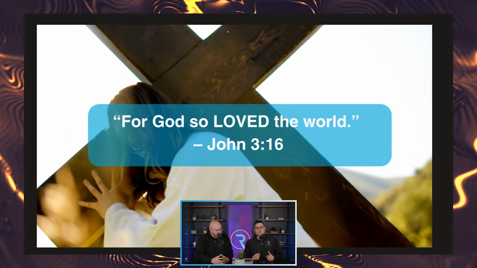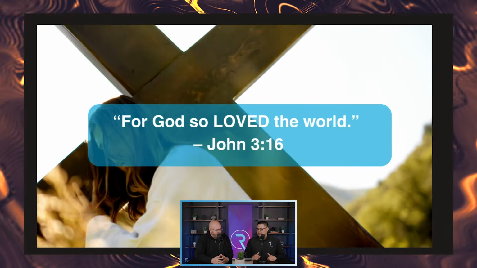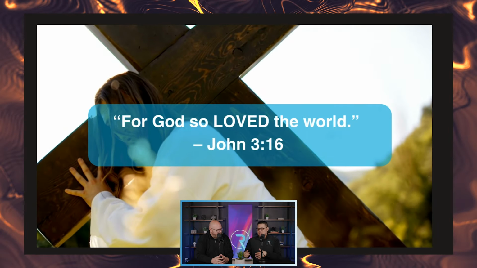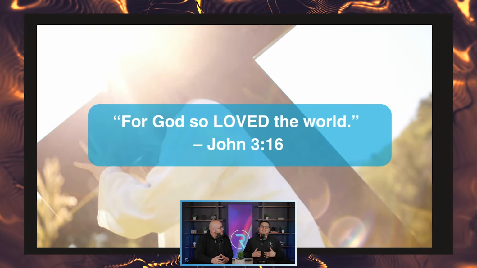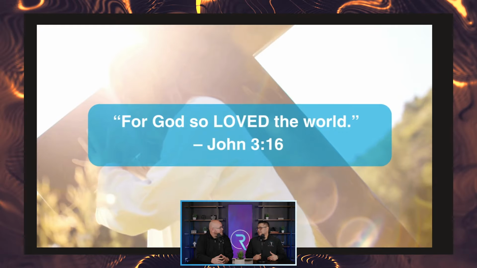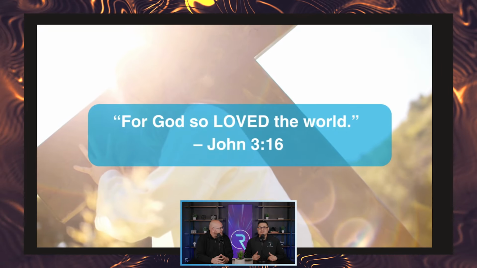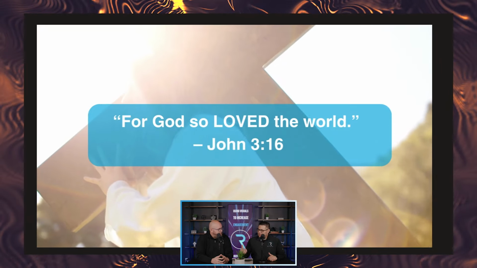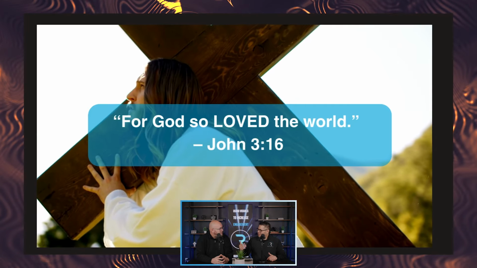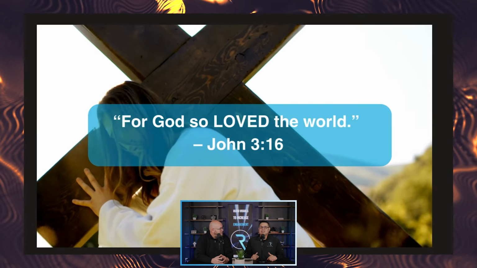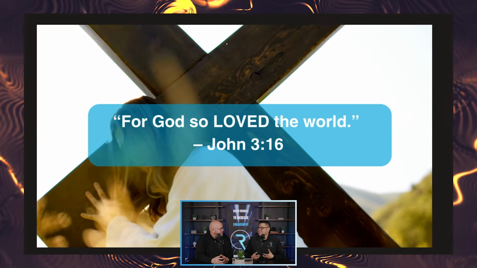The next one is great. John 3:16. We all know this one. For God so loved the world. And to have a visual, maybe you are giving a salvation message, maybe it's an evangelistic type of message that you're speaking. Giving the visual of Jesus carrying the cross should inspire some sort of emotion.